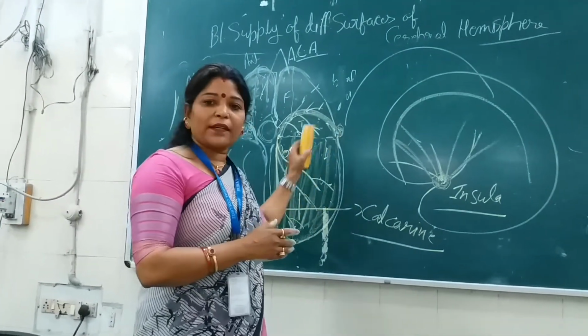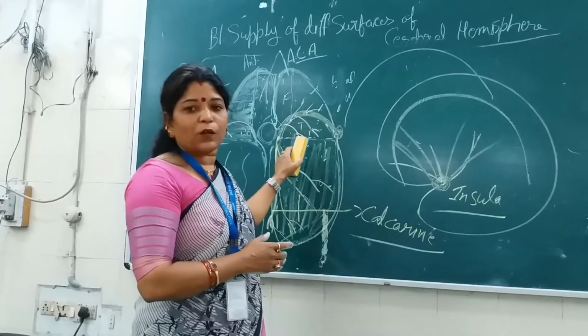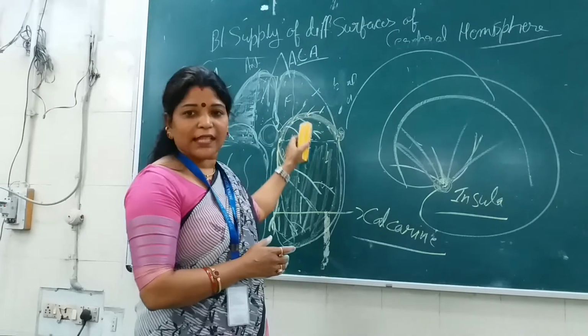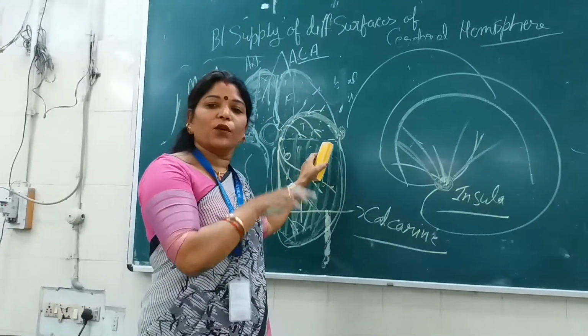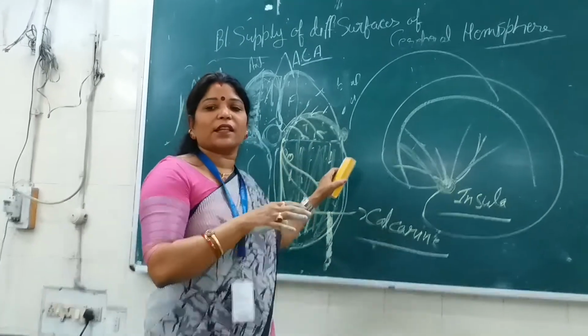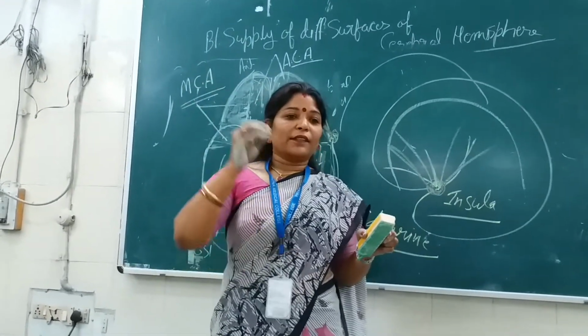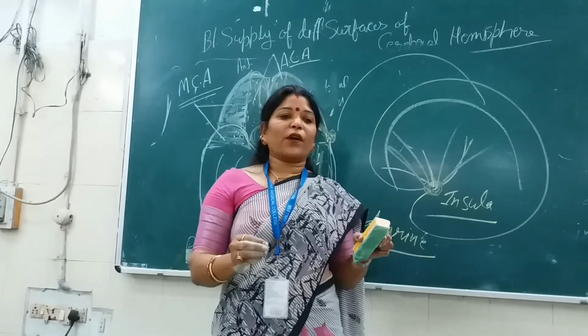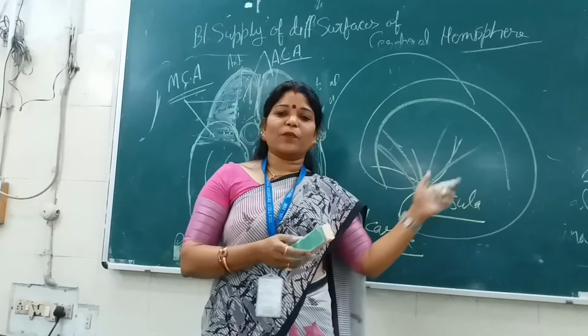These are the superior views of the different surfaces via the cortical branches arising from the circle of Willis, and how do the deeper structures, deeper nuclei such as the corpus striatum, the thalamus, the geniculate bodies, the pineal gland, get their blood supply?